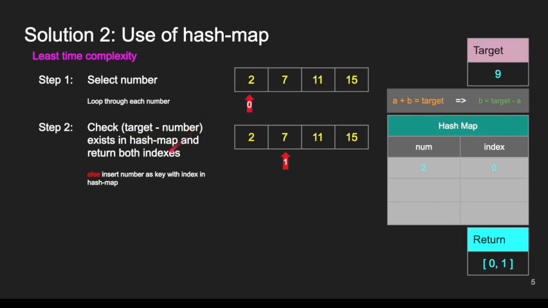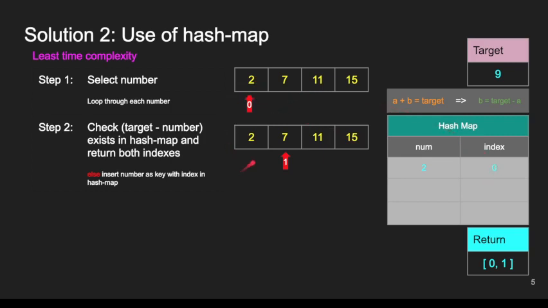And if it does not exist in there, then it will insert that number into the hash map with the index of that number. For example, in the case of 2, it will store the value 2 as a number, which is the key, and the value will be the index, which is 0, as you can see here.